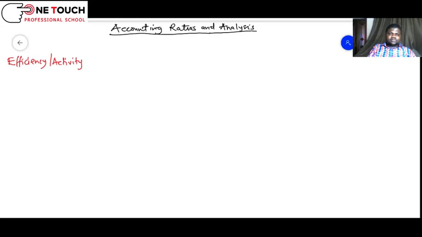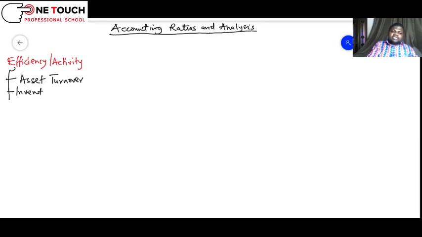Okay. So under efficiency or activity ratios, the key one here is asset turnover. That's the only one I'll be talking about. The rest we have dealt with under liquidity ratios. So all the periods they are here.